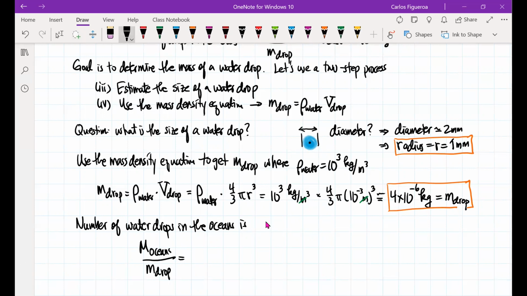So this should be 10 to the 21 kilograms divided by 4 times 10 to the minus 6 kilograms. If I approximate this, that's about 1/3 times 10. So I'm going to say that this is approximately 3 times 10 to the 26 drops. And so this is the number of drops.